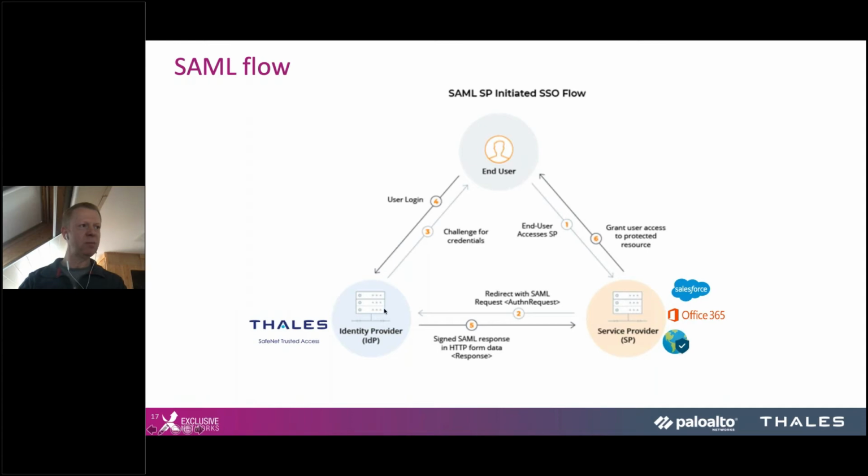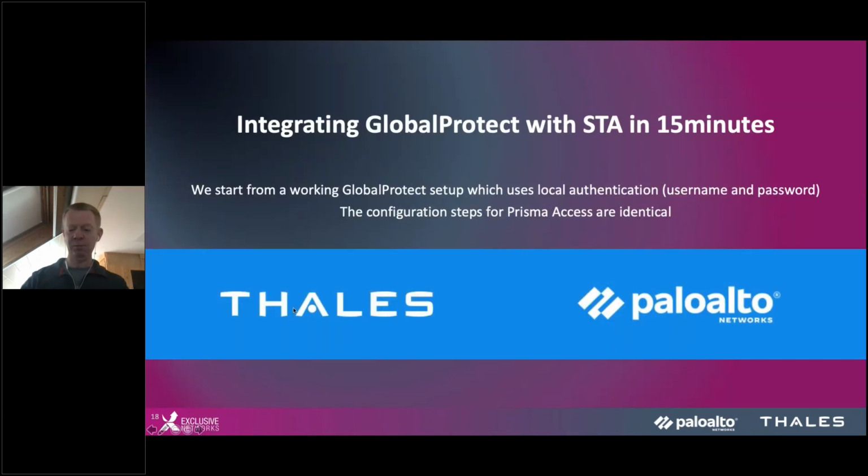This is done with SAML, and the user will receive an authentication challenge from Thales, from Safenet Trusted Access. The user will log in. Then the IDP will verify the challenge, let's say a token. The user logs in with their token, for example, with push OTP.